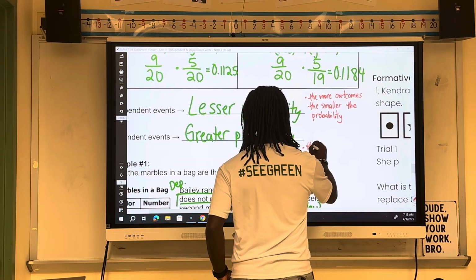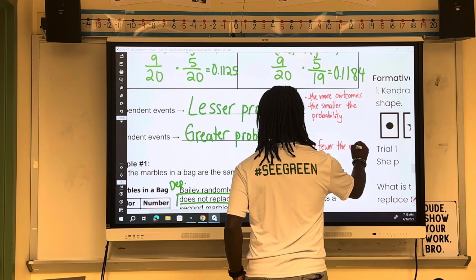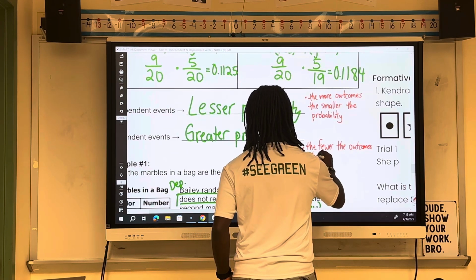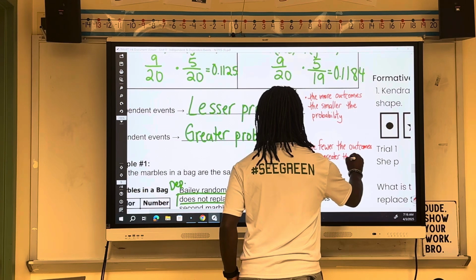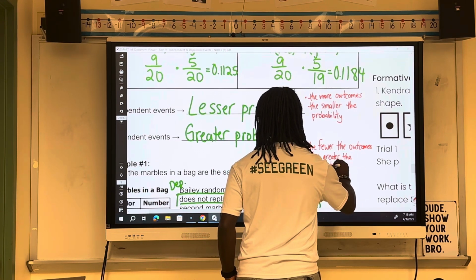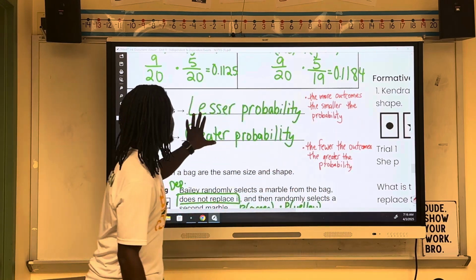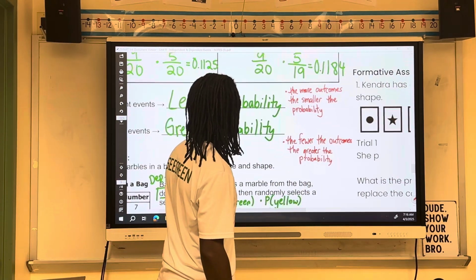Okay, so the fewer the outcomes, the greater. And again, this is just another way of sort of trying to make sense of why this is true, okay? And we've seen this throughout, all right?